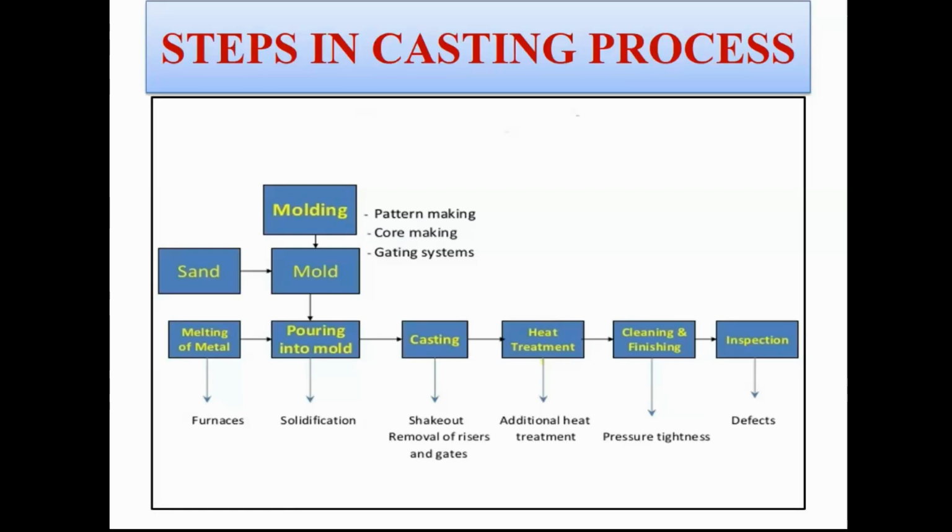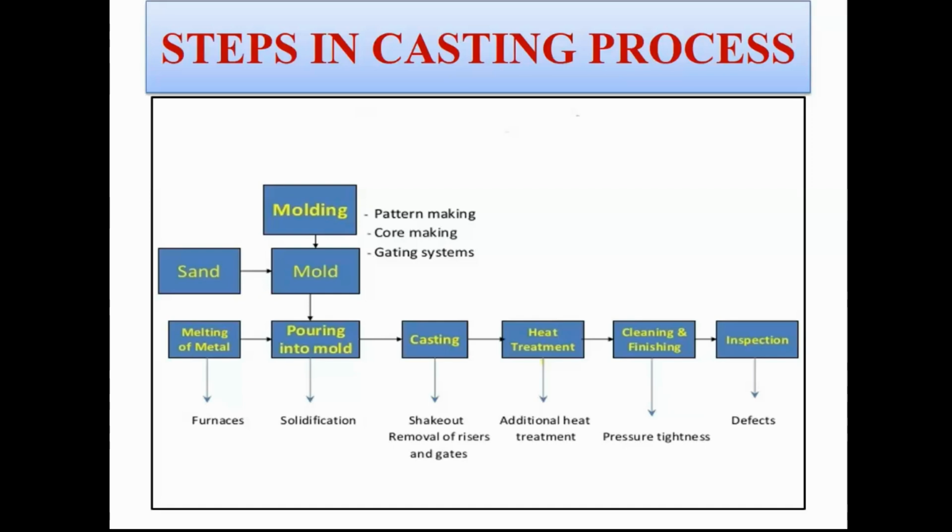So there is a particular design process to make an appropriate gating system, and gating system also includes the designing of your riser. So riser, I told you that it should be designed in such a way that it should provide enough amount of metal during the solidification stage in order to compensate the solidification shrinkages.